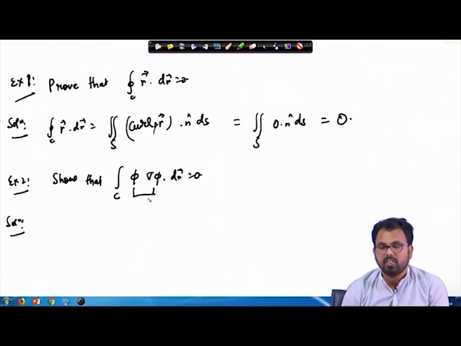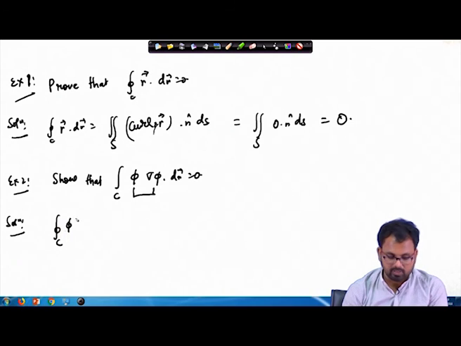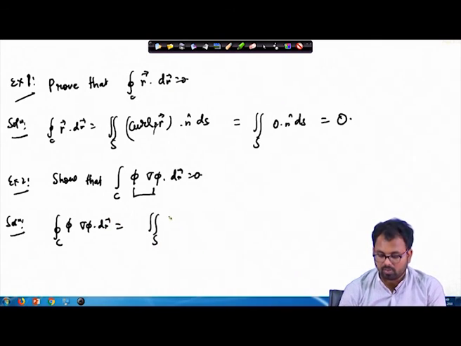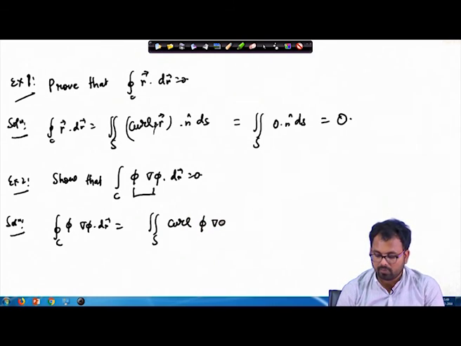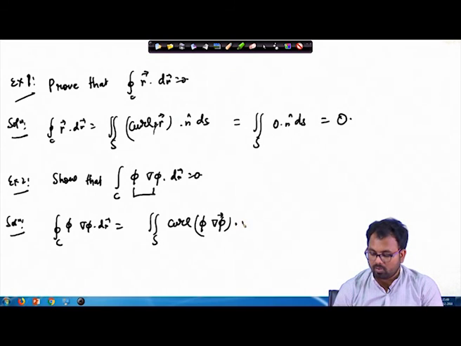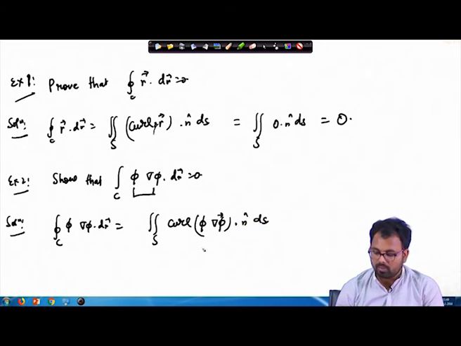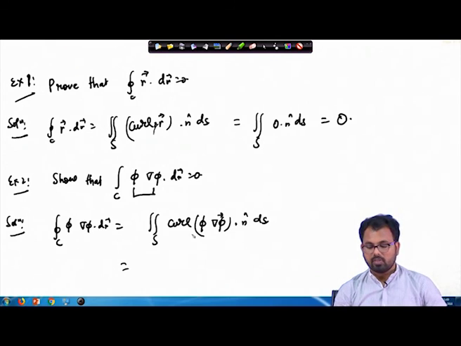So, our given function f is basically phi times gradient of phi. So, we have the line integral over C of phi grad phi dot dr equals the surface integral of curl of phi grad phi dot n dS.